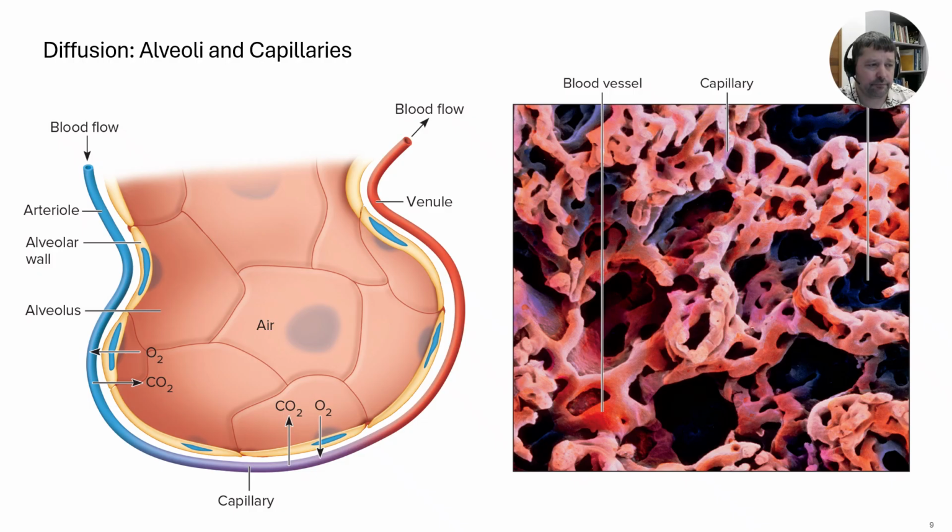Okay, so here you can just see that pulmonary artery or arteriole. Remember, arteries give rise to arterioles or smaller arteries. And this is a pulmonary artery, coming from the heart. It runs along the alveoli sac. And all along here, when there's a high concentration of oxygen inside the alveoli and a low concentration inside the blood, diffusion will occur.